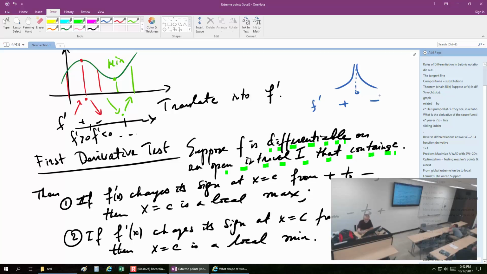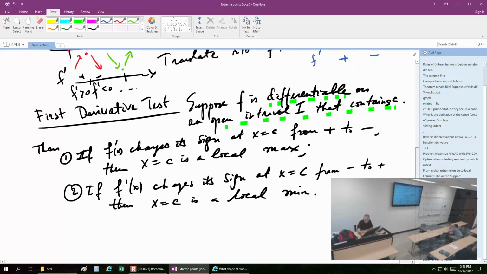Okay, so that is the first derivative test. Not to be confused, once again, can't help but point out that the converse isn't true. So what am I talking about? The converse? It's about this part.